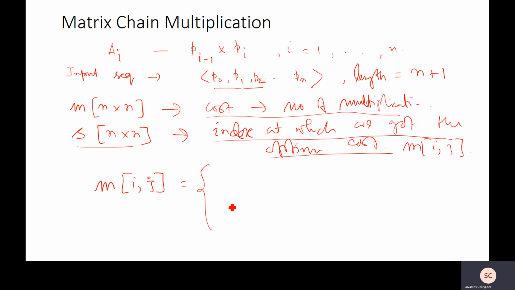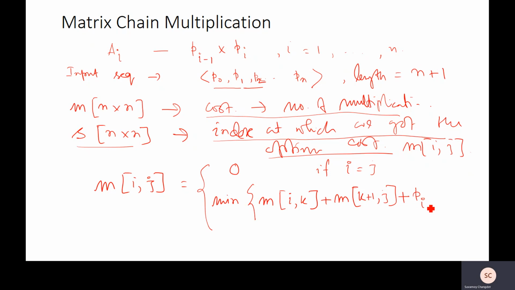The value of Mij will be 0 if i equals j, that means a single matrix. Otherwise, it is the minimum of M[i][k], the number of multiplications required to multiply the matrices Ai to Ak, plus M[k+1][j], the number required to multiply Ak+1 to Aj, plus p(i-1) into pk into pj.